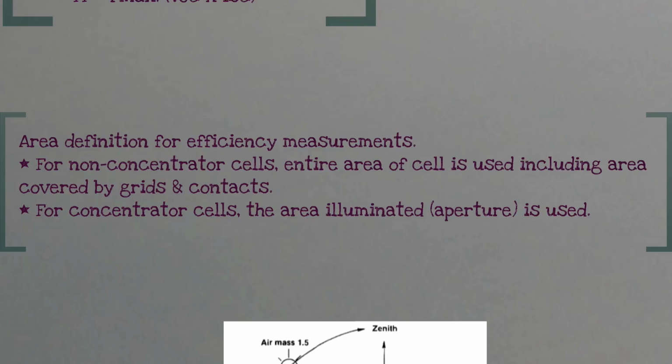You take the entire area of the cell into account, which, by the way, includes the contacts and grid lines. In other words, if you look at a solar cell, you will see not just the silicon, but also all those metal lines. You're supposed to include all those in the area. That's the standard, and that's correct, because that's the amount of area you have to collect. For a concentrated cell, of course, it's more complicated because you have something on top of the cell.